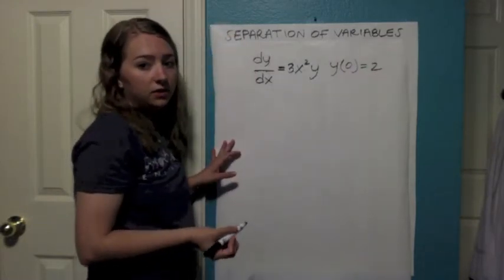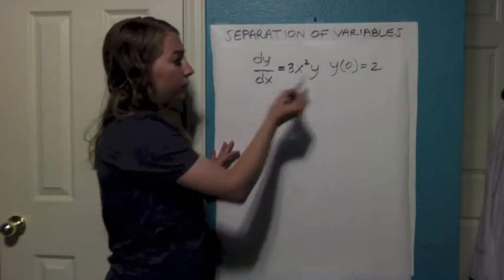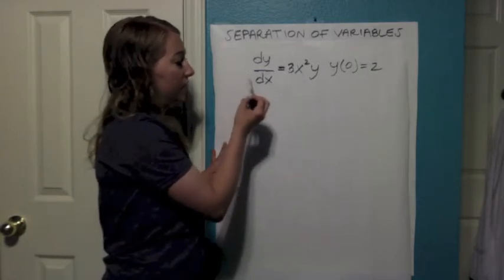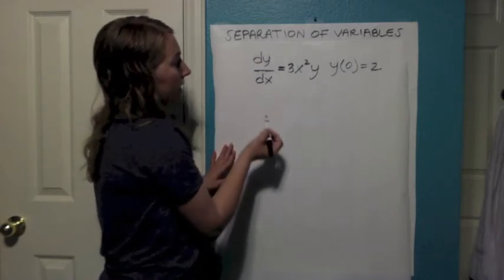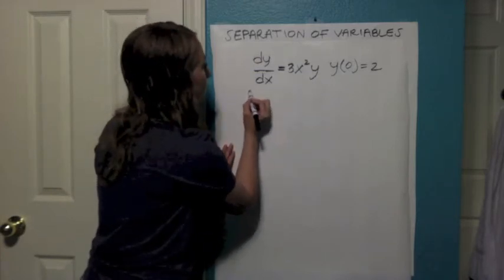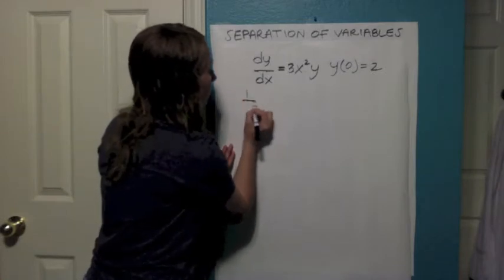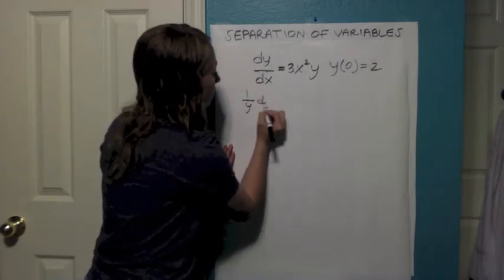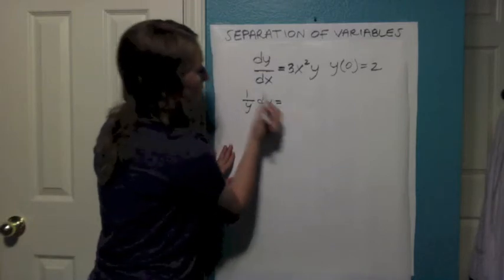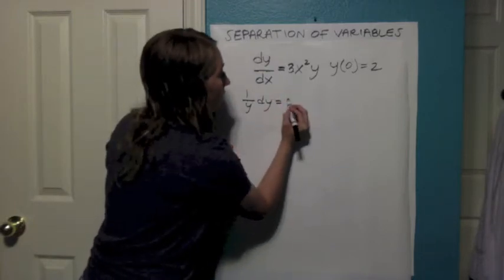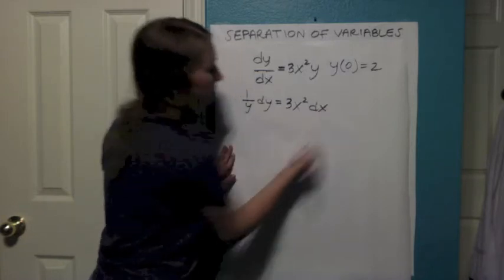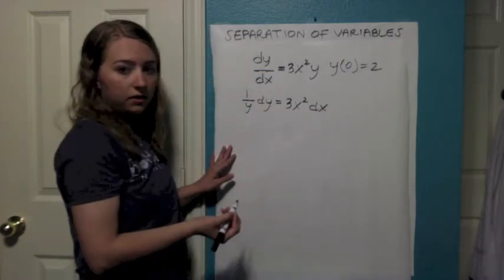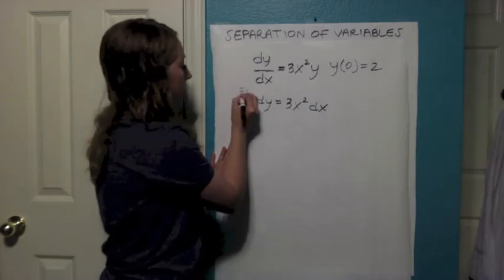Now in this case, you also need to bring all the y's to the left side and all the x's to the right side. So what you're going to do is divide each side by y, and here we get 1 over y dy equals, multiply, 3x squared dx. Once again, we're going to integrate both sides.